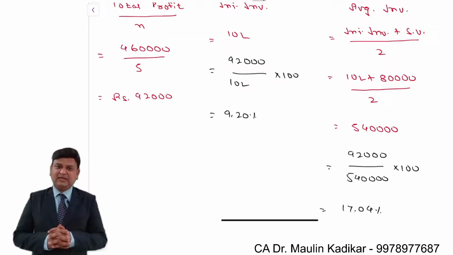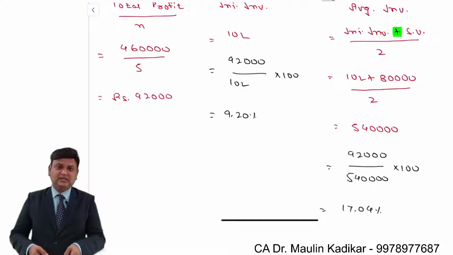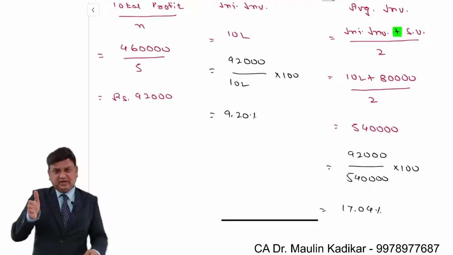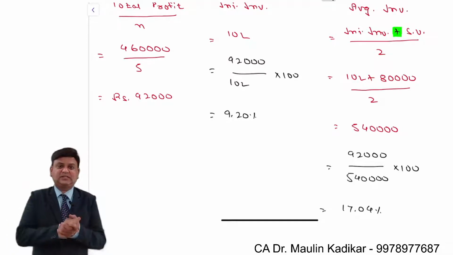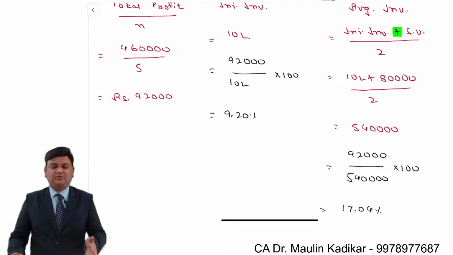Now you may be wondering, why is initial investment plus scrap value the average investment? The argument they have made is that when you start the business, you make the investment of 10 lakhs. And while you are continuing the business, till that point of time you are not able to realize the scrap value.